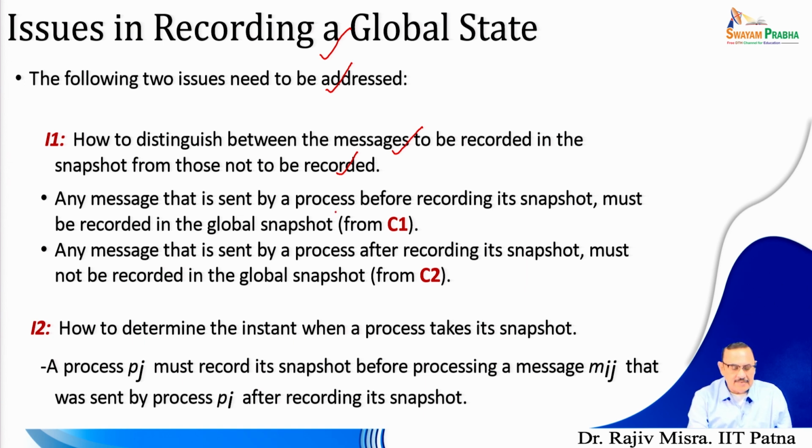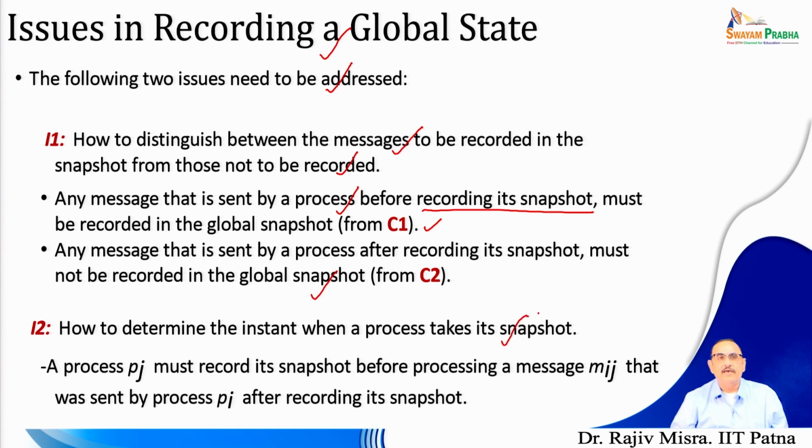Any message that is sent by a process before recording its snapshot must be recorded in the global state, that is from condition number 1. Any message that is sent by a process after recording its snapshot must not be recorded in the global snapshot. So, how to determine the instant when the process takes its snapshot?